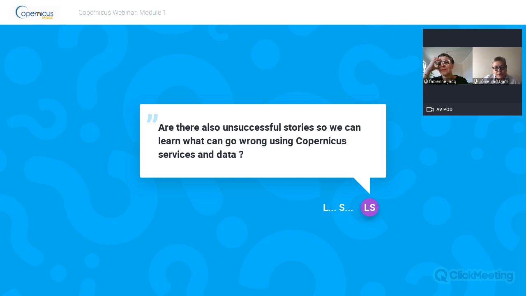Are there also unsuccessful stories so we can learn what can go wrong using Copernicus services and data? We do not have access to those stories. All I can say is, again, if you try and do something with the Copernicus services or data, there will be a name of someone that you can contact who can help you sort through your problem in most cases.